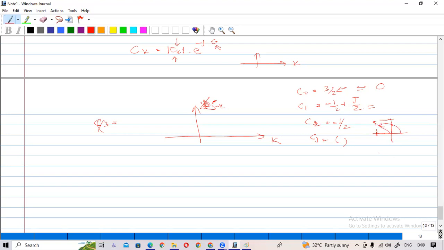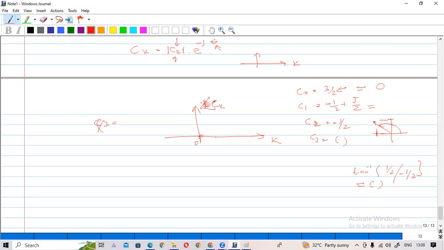Actually, you can get the tan value, okay. Tan inverse, this is the imaginary axis, that is 1/4 divided by 1/2, okay. So it will be -1. So if you get the tan inverse of -1, you can get the phase value, okay. So C0 phase is 0, okay. C1 you will get the value here, -1. What is the tan inverse of -1?